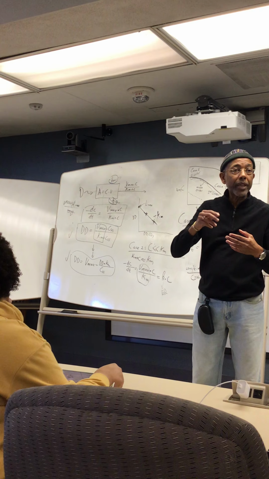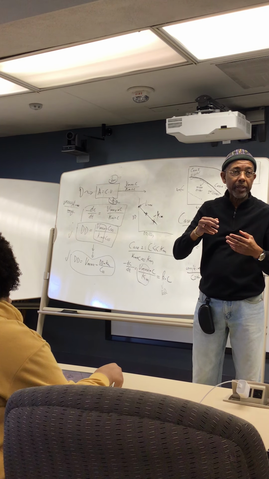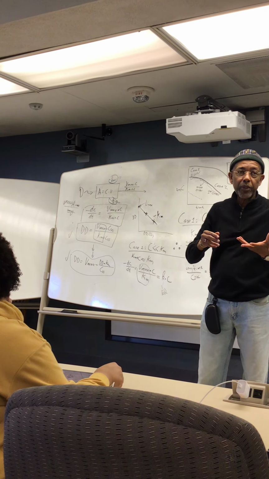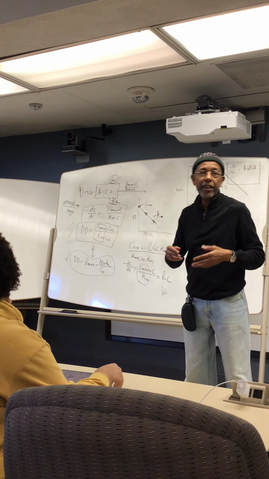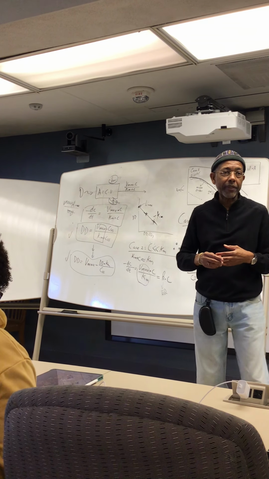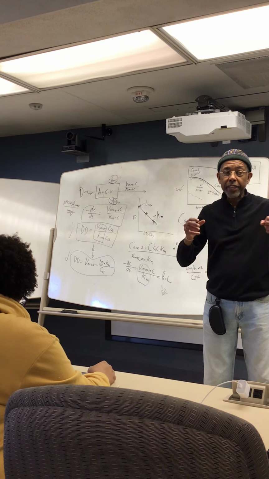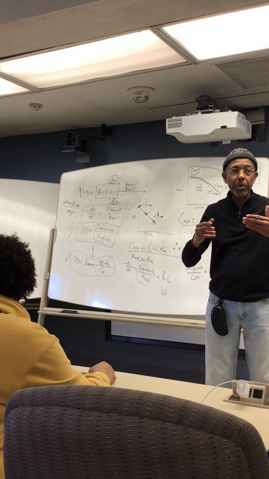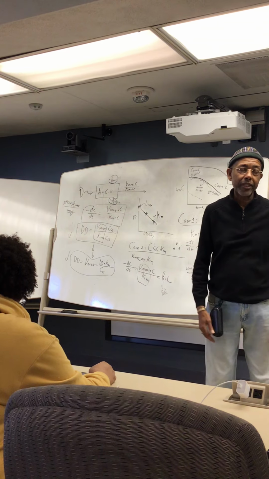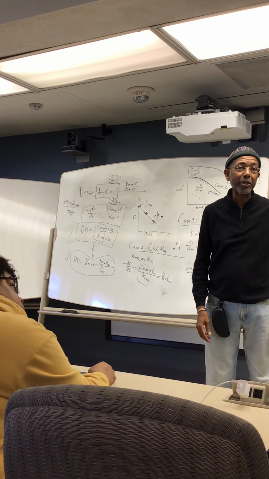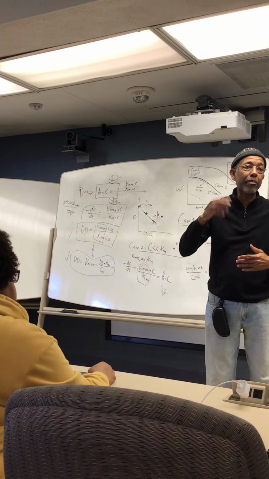If you give too much probenecid, let's say the Vmax for probenecid is 500 milligrams per day, and I give 600 milligrams per day, now those carriers responsible for transporting the probenecid are not just going to be saturated, they're going to be swamped. So the drug is just going to keep on building up.